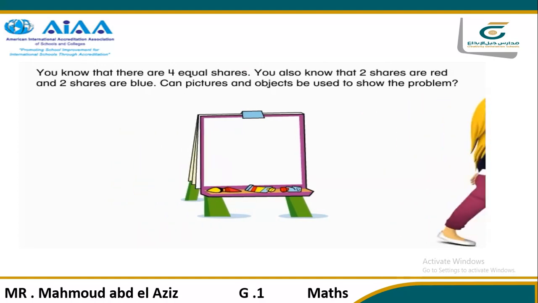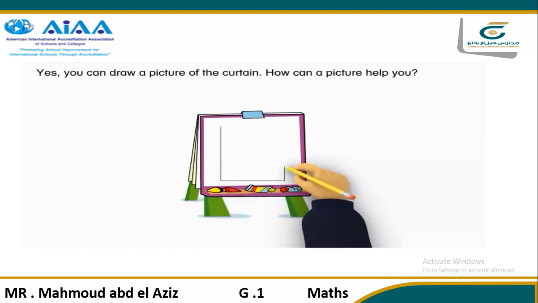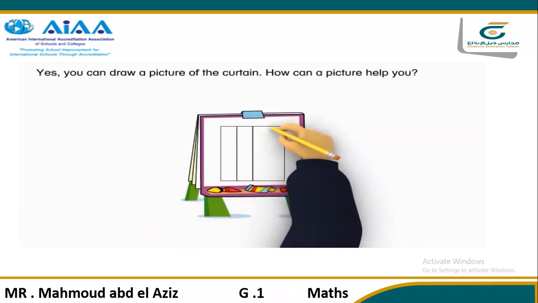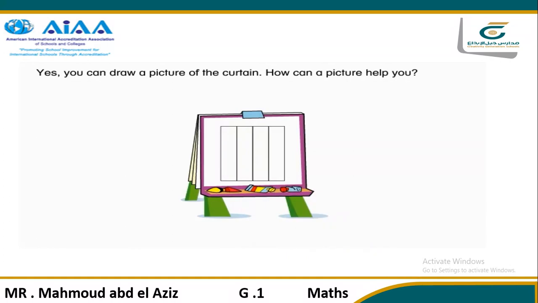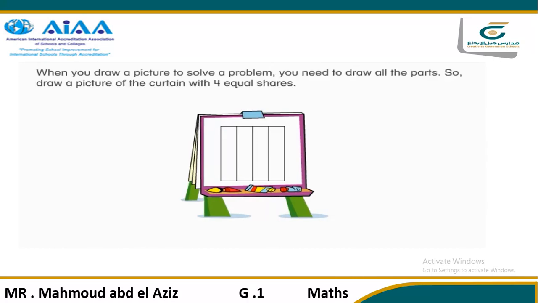Can pictures and objects be used to show the problem? Yes, you can draw a picture of the curtain. How can a picture help you? You can see how many shares are red and how many are blue. When you draw a picture to solve a problem, you need to draw all the parts.